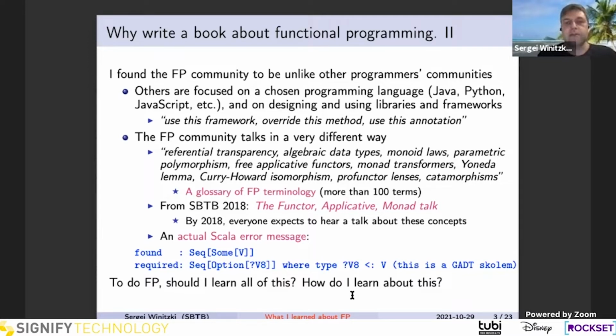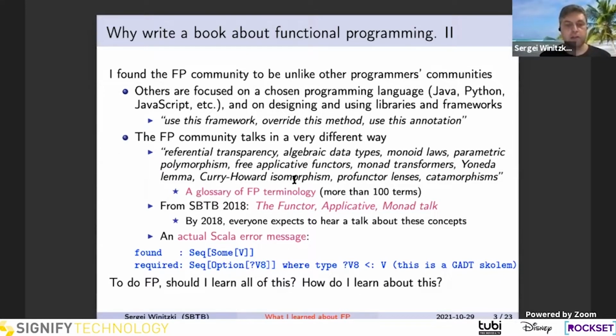So quite typical for programming. While the functional programming community talks in a very different way. They talk like referential transparency and algebraic data types and monoid laws and so on.